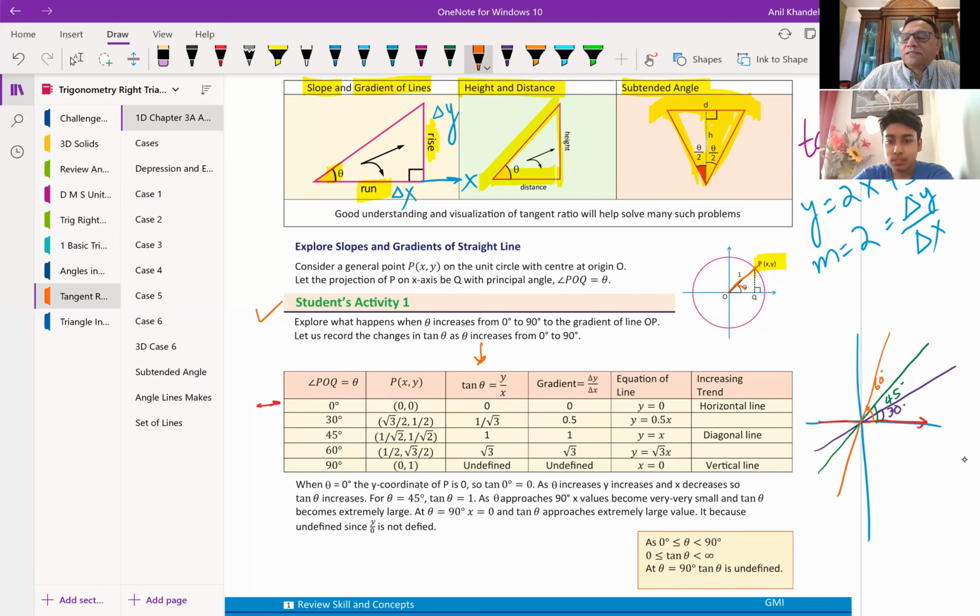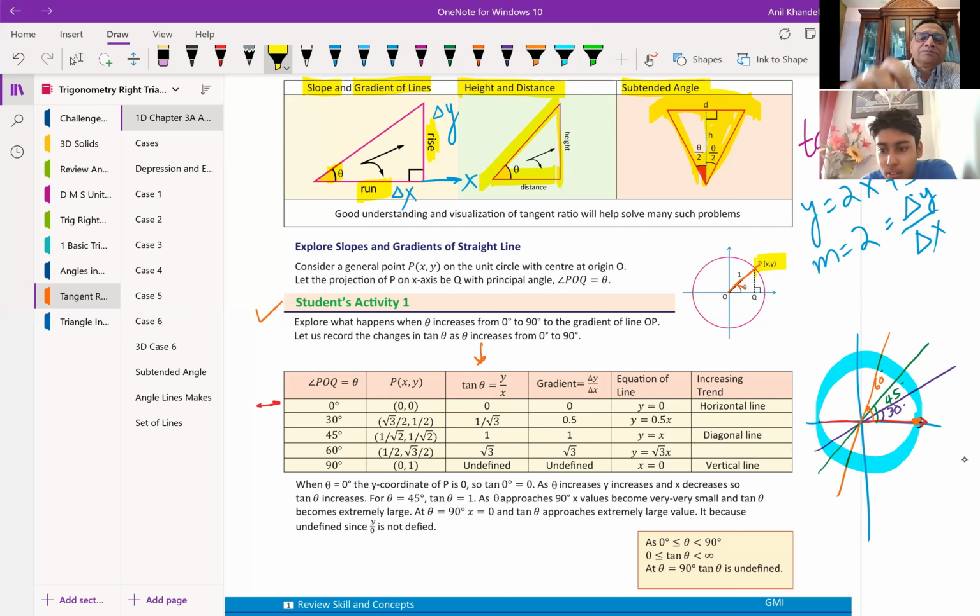One way to do this is to draw a unit circle. Let me just draw a circle here. You get the idea? On a unit circle, if I take a point on the x-axis, that point is going to be what?